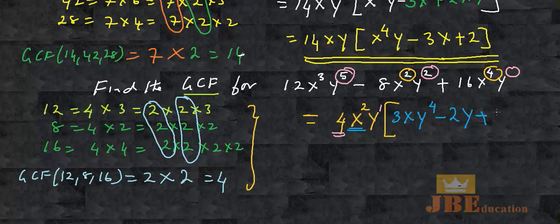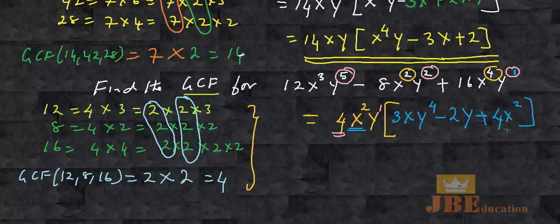I need to get 16, so 4 multiplied with 4 would give me 16. I got an x to the power 4 there, but x squared is lying outside. So place an x squared there so that you can get an x to the power 4. I need to get y. Y has got a degree 1 there, right? So I already have a y lying outside, so you don't need to place any y there.